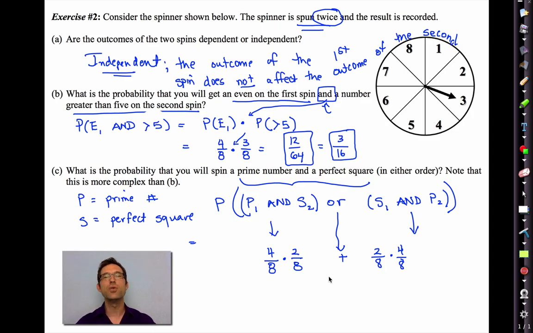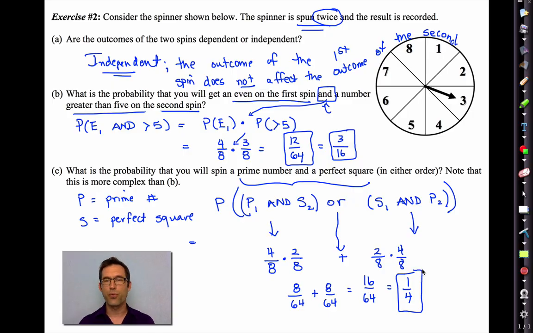Remember, that's a union, right? There's two events that I'm putting together, and those two events are P on 1 and S on 2, along with perfect square on 1 and prime on 2. So what do we get? We'll get 8/64 plus 8/64 gives us 16/64, and that gives me a probability of 1/4.